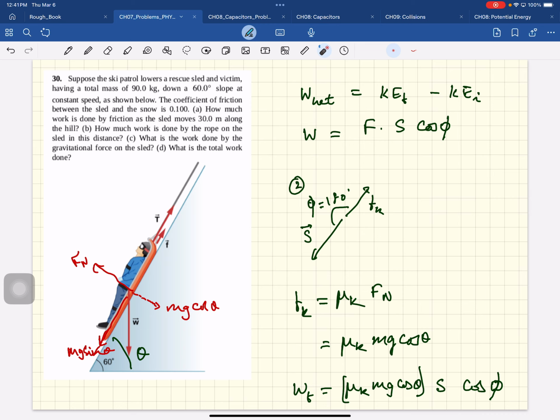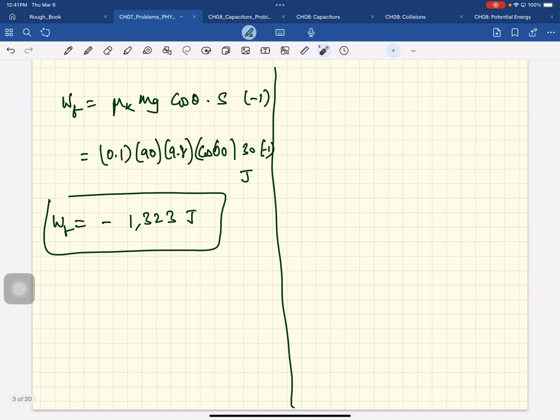We're going to do this backwards, so we'll first calculate the work done by the gravitational force.